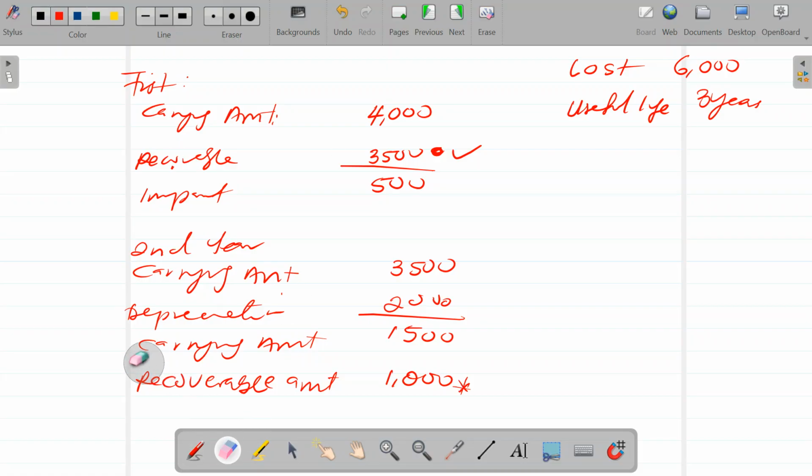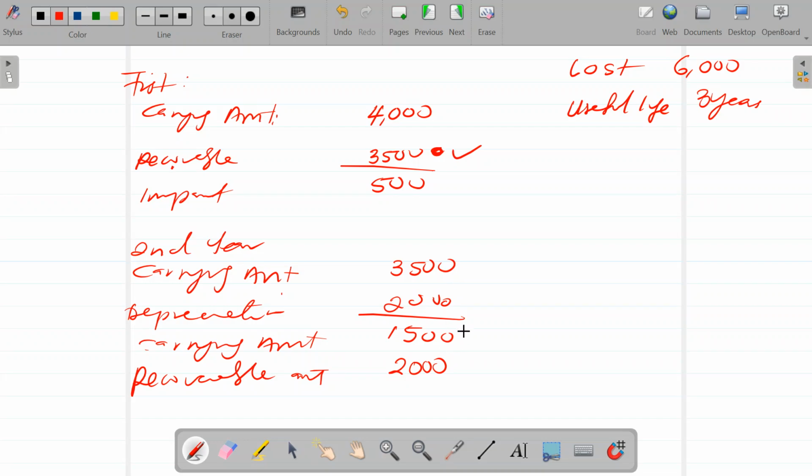Okay, so the recoverable amount is 2,000. Okay. The recoverable amount is 2,000.